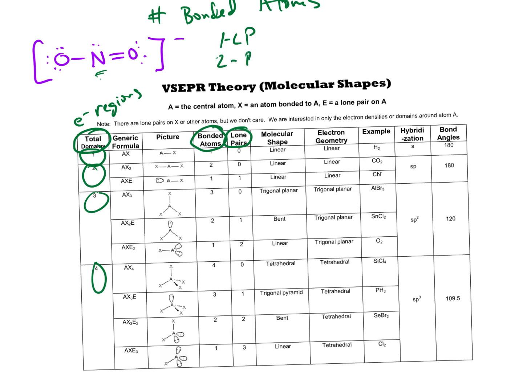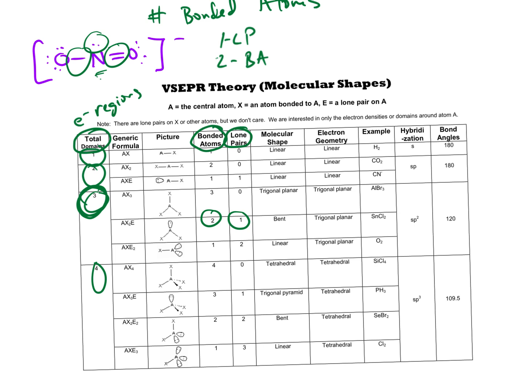So 2 bonded atoms. So we look down here, we have 2 bonded atoms and 1 lone pair. And do we have 3 regions? 1, 2, 3. That should be our first step, right? Count the regions. Okay? So yeah, there it is.